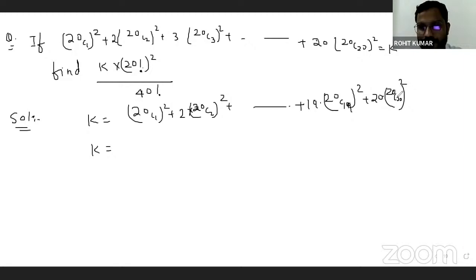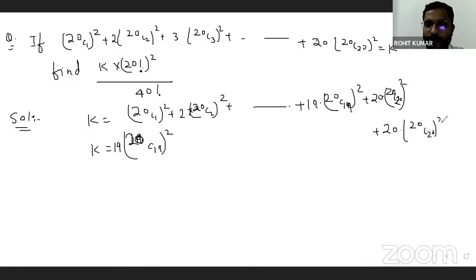How? I want to start with 19 here, with 20C19, so I should have 19. Then the 20th term, I'll write it here as 20 into 20C20 square. Then start with 1 into 20C1 square. Then this will be 18 into 20C2 square, and so on up to 20C18 square.